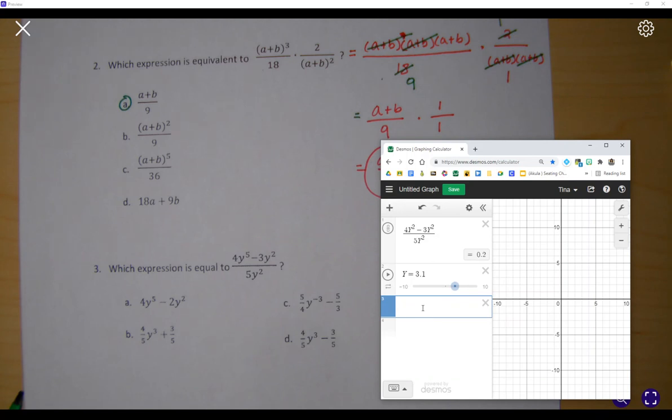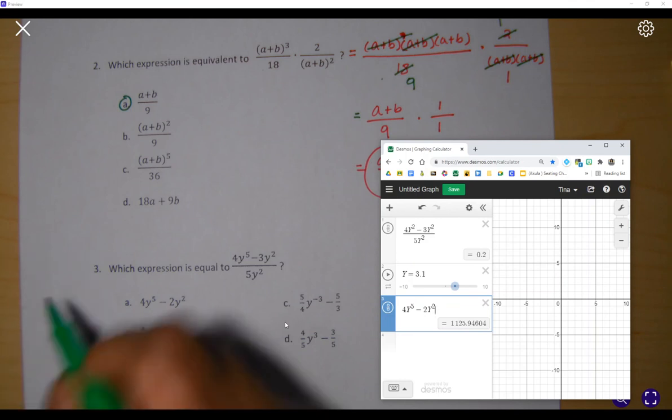So I'm going to plug this in. So Y, make sure to use capital again, or else it won't calculate for you. See, the decimals didn't match, so it cannot be this one.